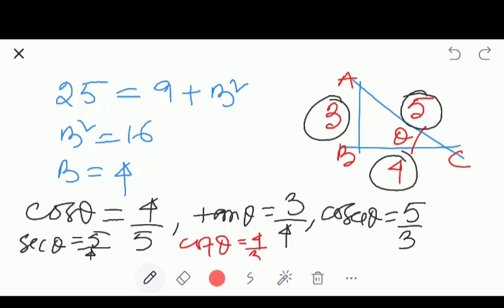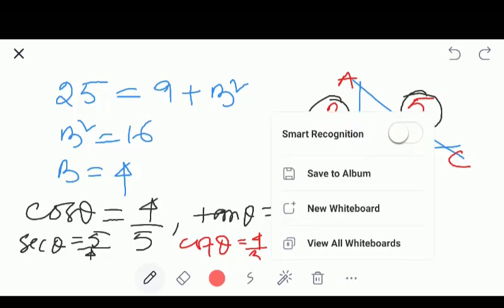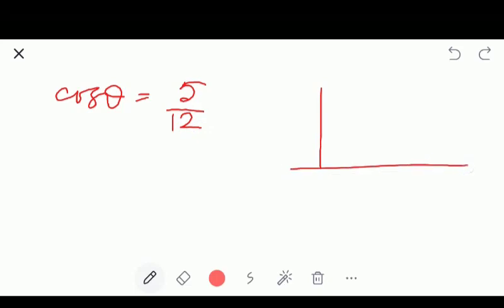Now let's see what will occur if I change that angle. Now I'm taking another example. Now cos theta is given as 5 by 12. What does it mean? If we draw a right angle triangle here, and if I take that angle as theta, and if I name it as A, B and C, then what will be the base?